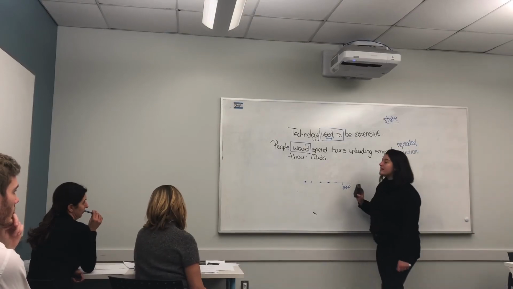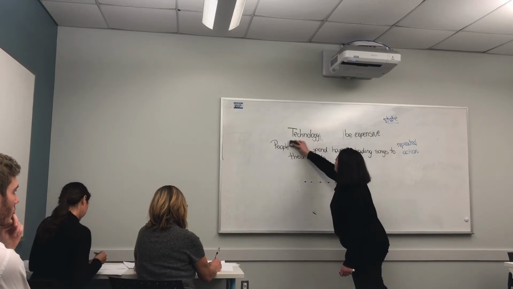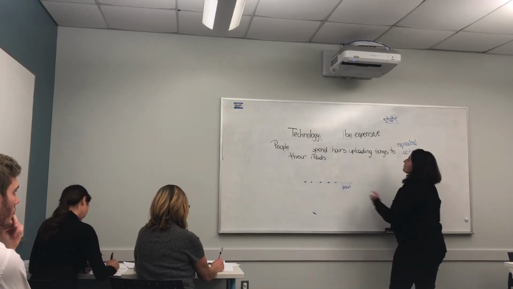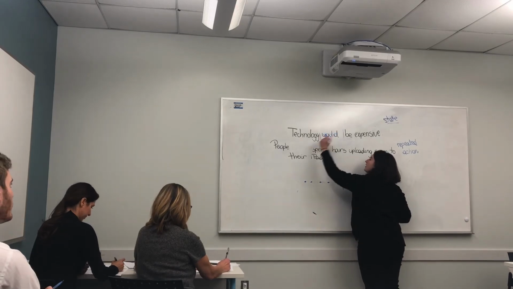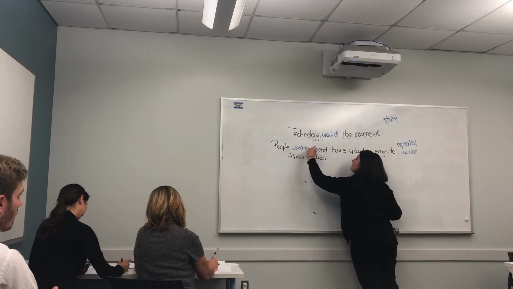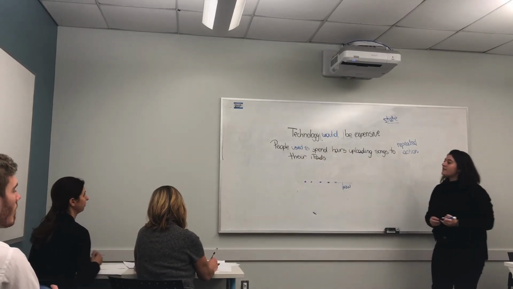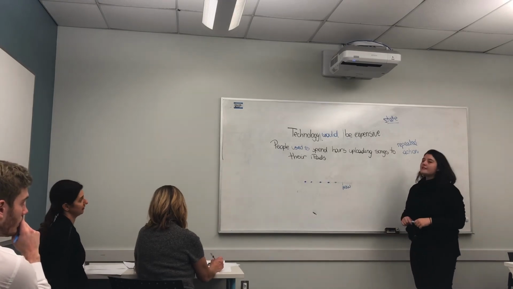So what I'm going to do now is I'm going to change here and write would here and used to here. Elsie, can you read the first sentence, please? Technology would be expensive. Very good.